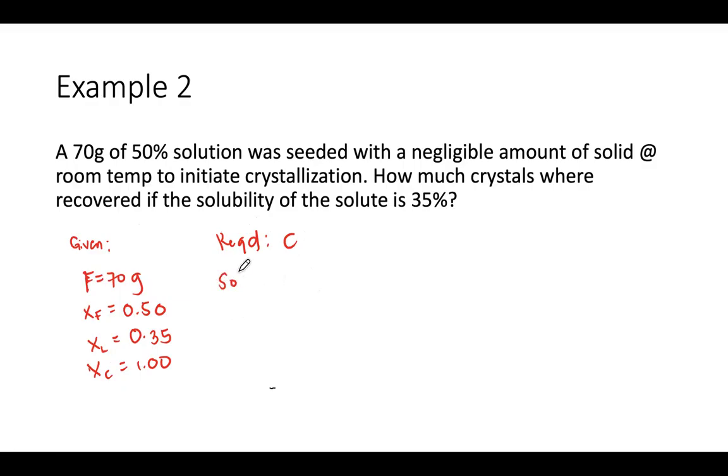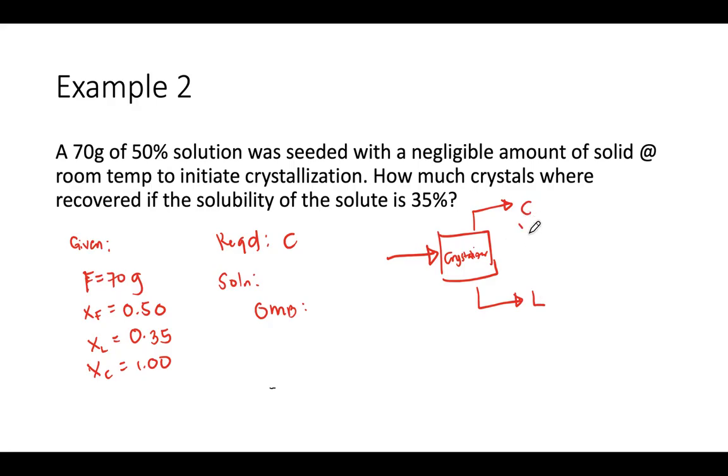So solution, overall mass balance. By the way, let's draw the process flow diagram. You have your crystallizer, and let's denote this as C for crystals, and L for mother liquor.